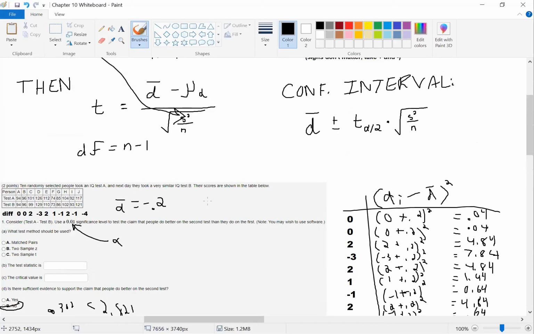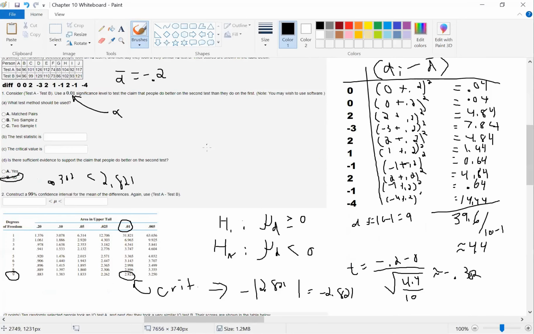Now our confidence interval, it's t of alpha over 2 times square root of s squared over n. So now, since we have 0.01, now we have to divide that by 2. We still have 9 degrees of freedom. So our t of alpha over 2 is equal to 3.25.